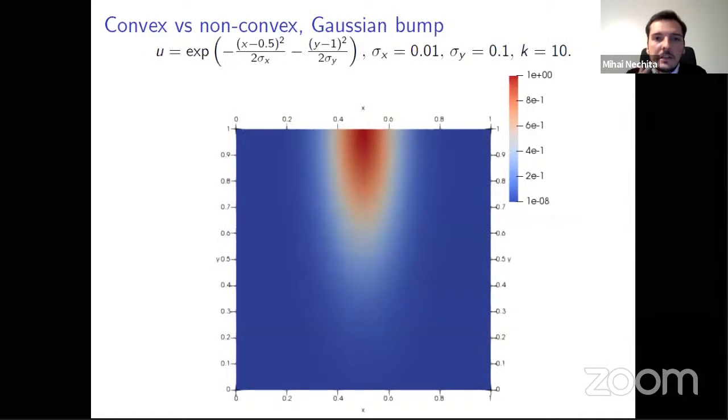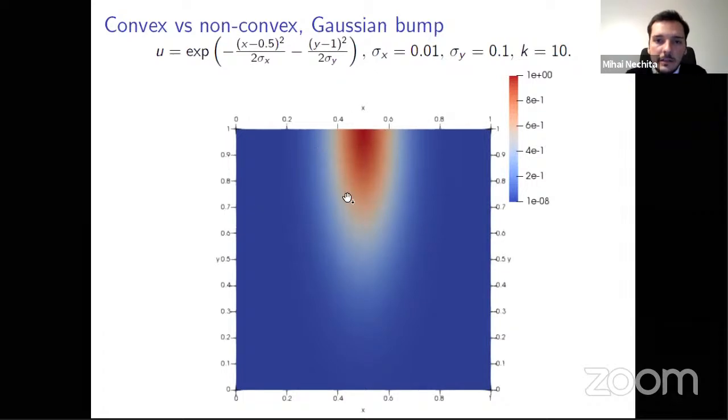And another solution that I will show is this Gaussian bump. So this is a sort of a natural solution for the Helmholtz equation because it doesn't depend on the wave number. So the dependence of the wave number is just taken into account in the right-hand side.